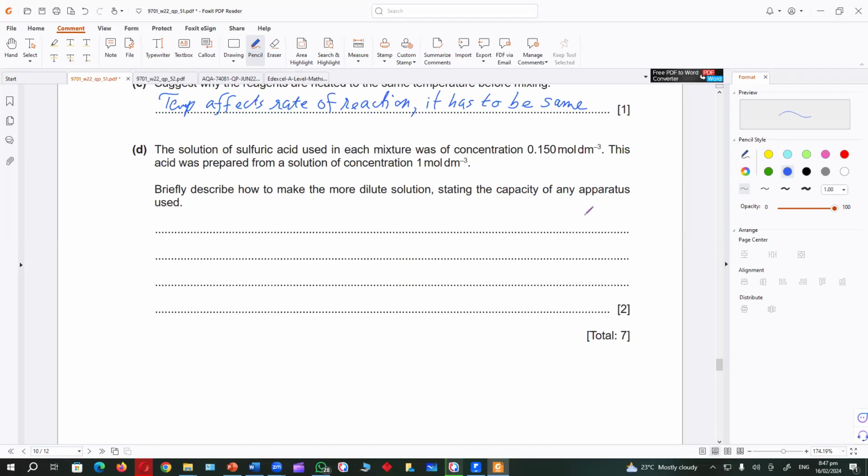So D part. We can use the volumetric flask to dilute it, because this is a dilution method.